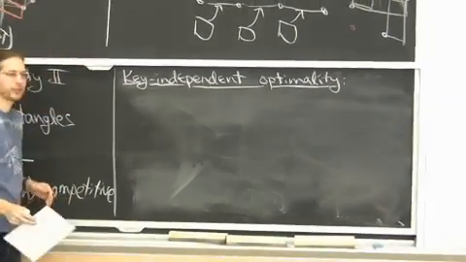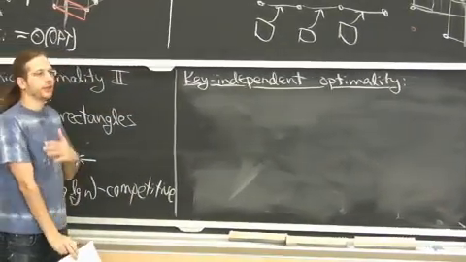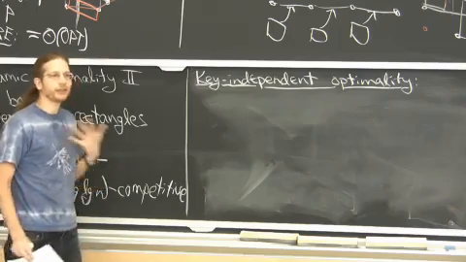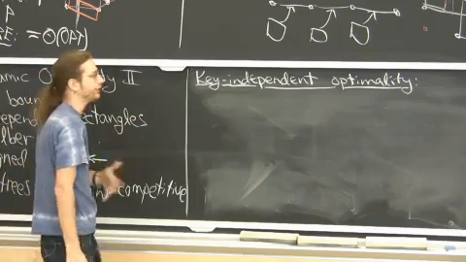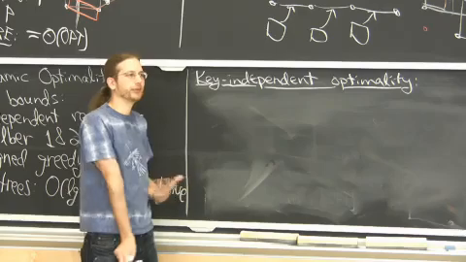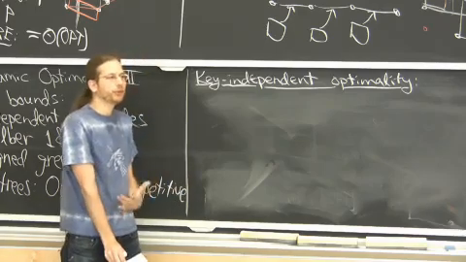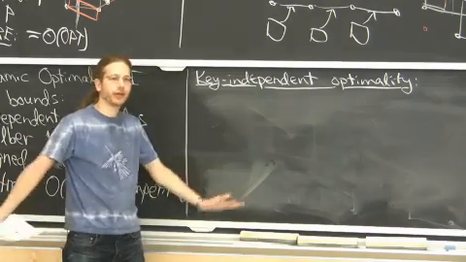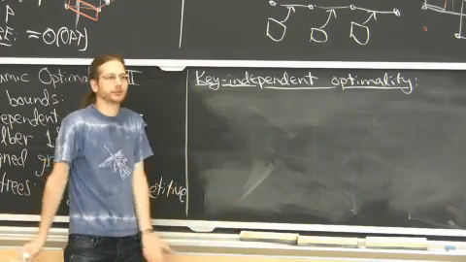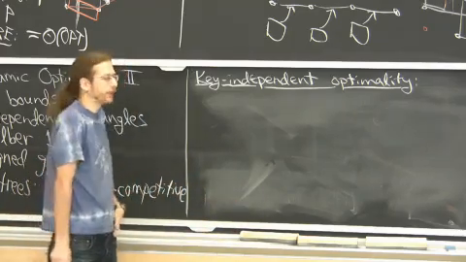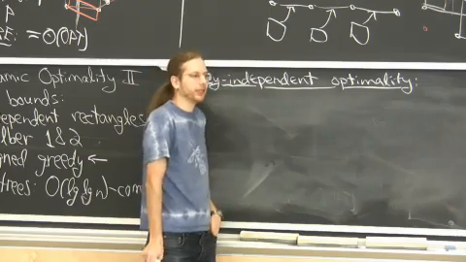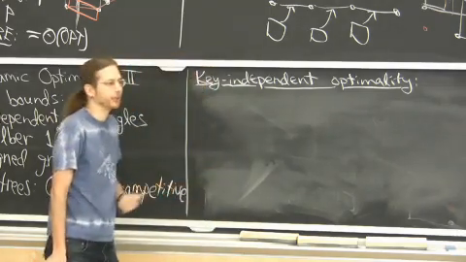Briefly, the idea with key-independent optimality is, suppose you've heard about dynamic optimality. You know it's really cool because splay trees and whatnot seem to really adapt to whatever your inputs are. But suppose your inputs really don't have keys. They're just arbitrary objects labeled however, just randomly. In fact, let's assume that they are labeled randomly. Suppose the keys are generated randomly because they're meaningless.